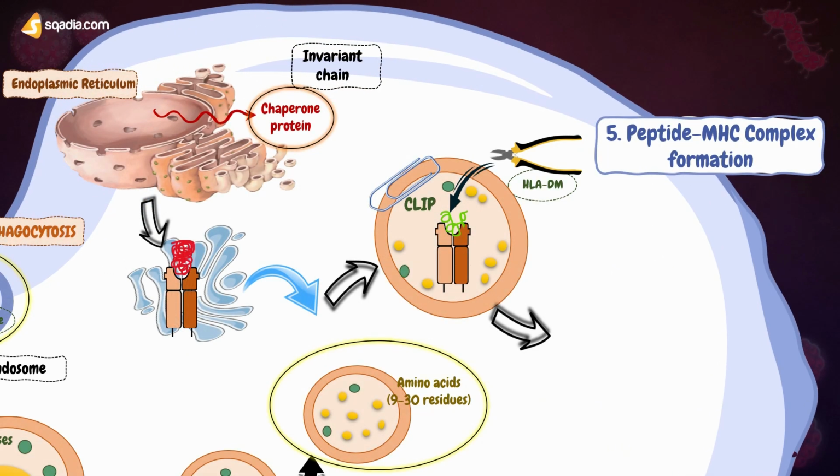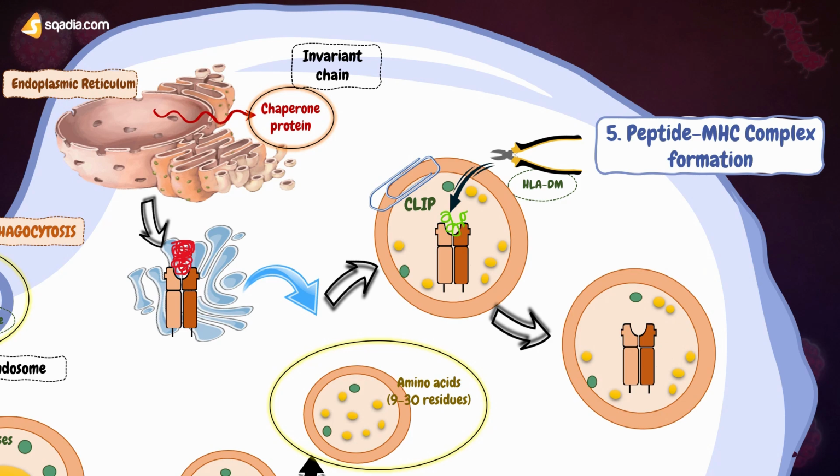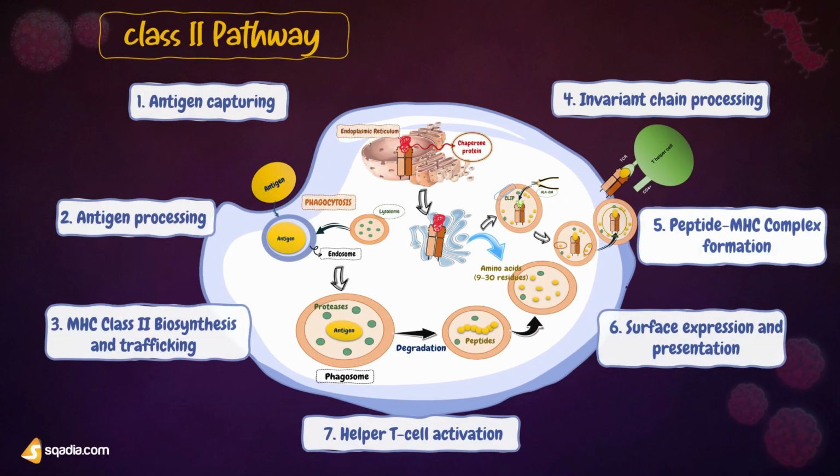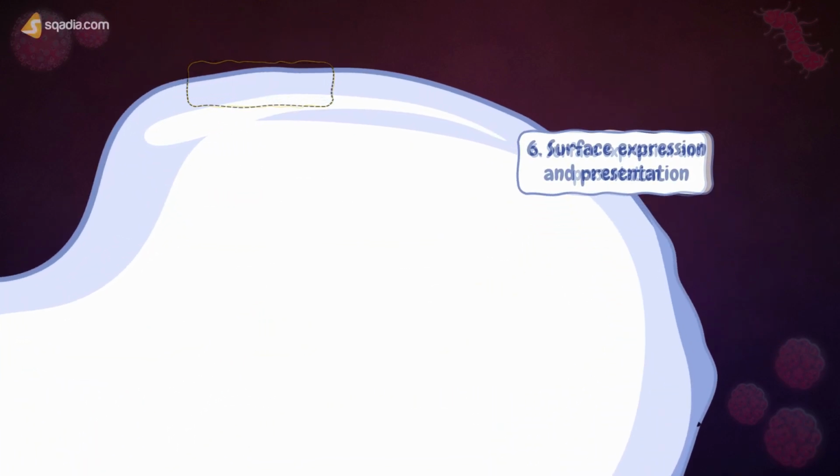Now the next step is peptide MHC complex formation. So, once CLIP is removed, the binding groove is free. Then, the antigen-derived peptides generated within the endosomal compartments bind to the peptide binding groove of MHC Class II molecules. Now, the complex is formed and needs to be presented over the cell surface.